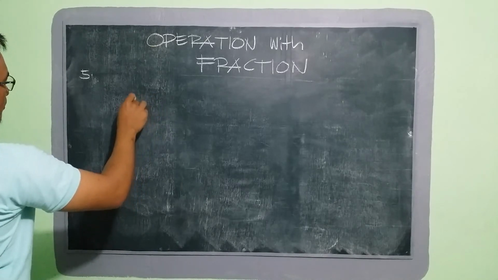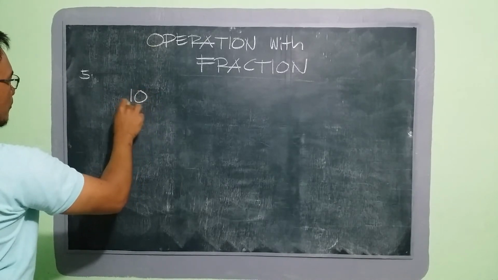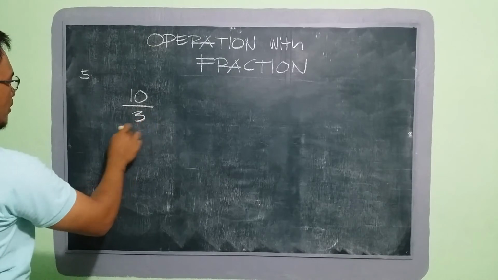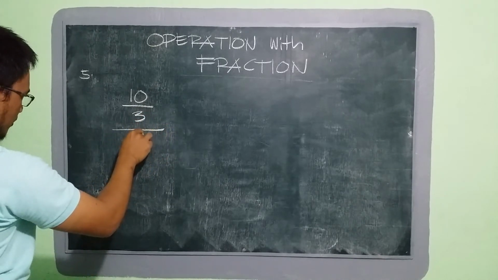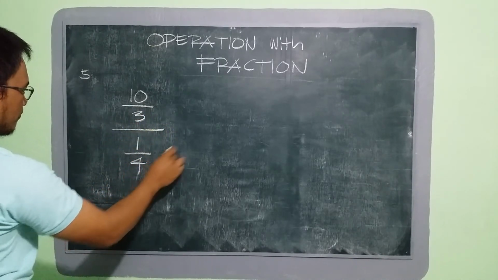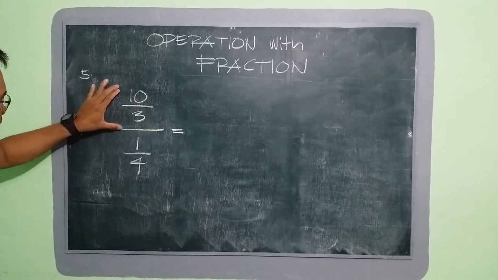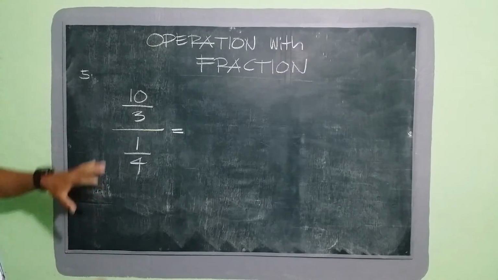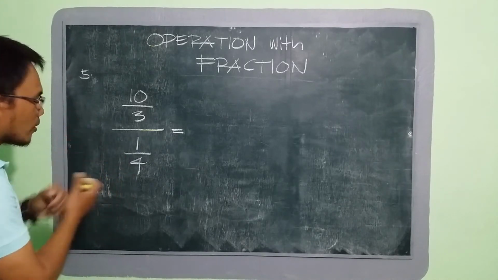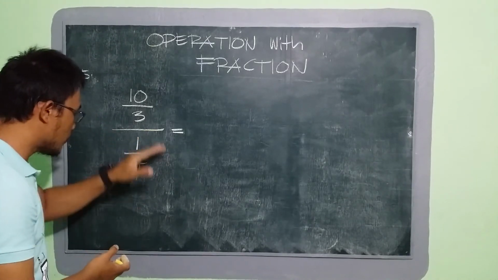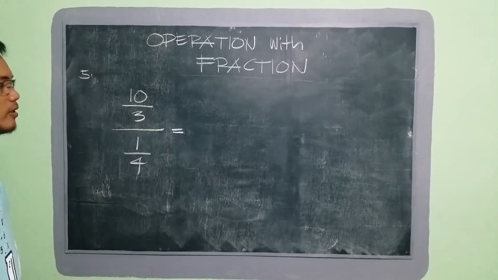Let's say 10 over 3 divided by, say, 1/4. So we have 10 over 3 divided by 1/4. All you have to do is take the reciprocal of the divisor, which is 1/4, and proceed to multiplication.